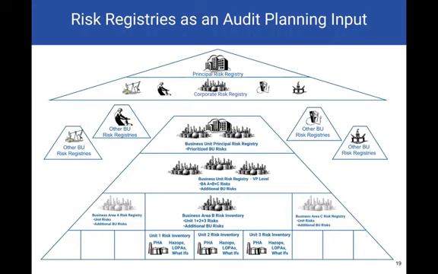And again, the intent here is you should have a clear line of sight from your perhaps top 10 risks at the executive level all the way down to what makes those principal risks, those level 1 risks, where you see them reflected in the lower level risk registries within the organization.